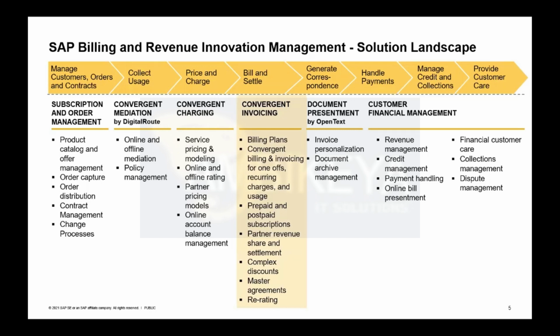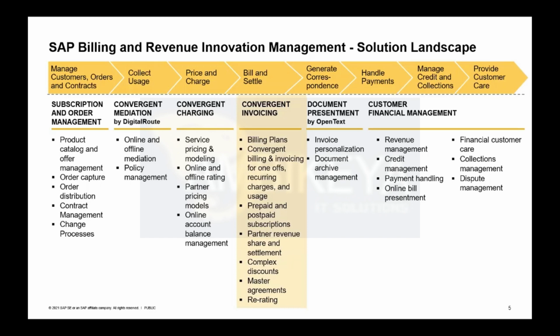The word convergent invoicing means that you can create one convergent invoice in the context of different incoming billable item streams. That means we can either run the convergent invoicing in combination with convergent charging, but we can also easily integrate other convergent charging systems, or we can have other legacy systems in place that have already done the rating.